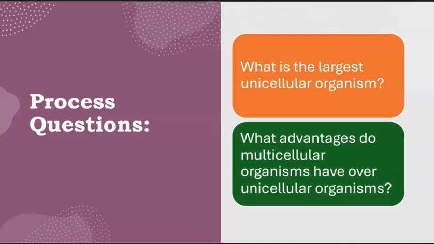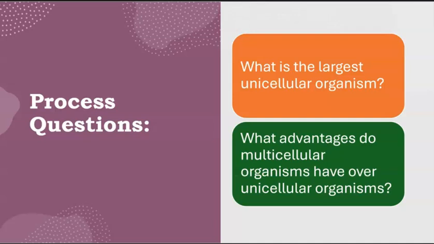to the naked eye. Second question, what advantages do multicellular organisms have over unicellular organisms? Alright, there are many advantages of multicellular organisms over unicellular organisms because they can specialize cells to perform different functions.